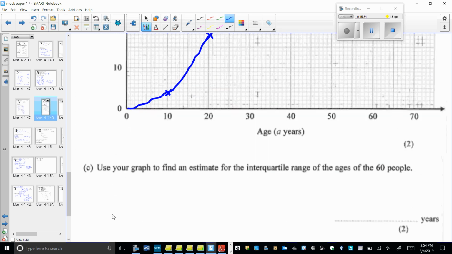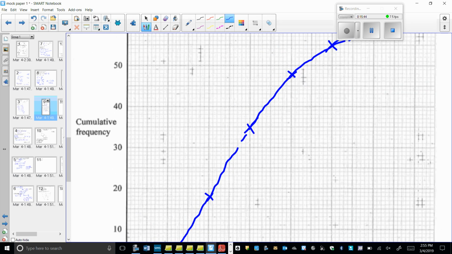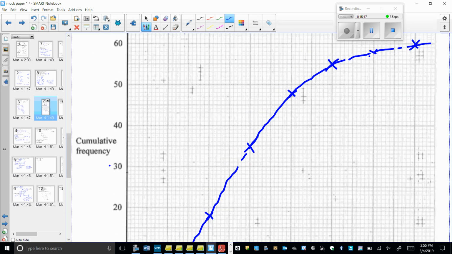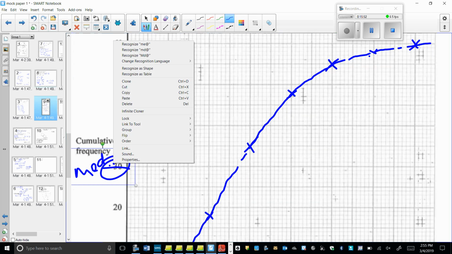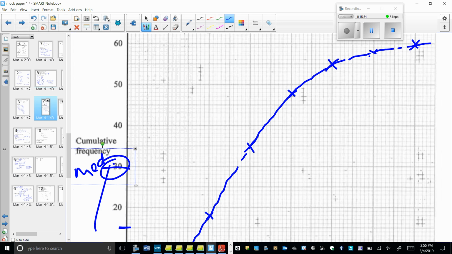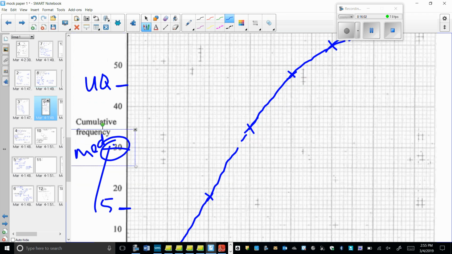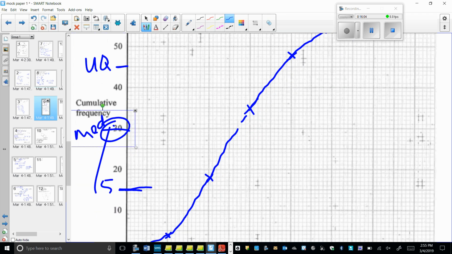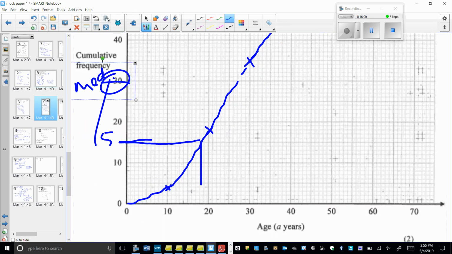It then says use your graph to find the interquartile range. Well, interquartile range is the upper quartile subtract lower quartile. So we find that by cutting our data into fours. So this would be the median, and then we're at 15, it's going to be our lower quartile, and at 45 is going to be our upper quartile. So what we do is we draw a horizontal line and a vertical line.